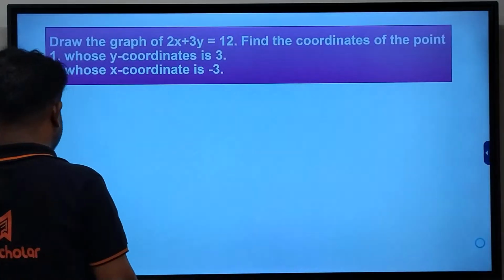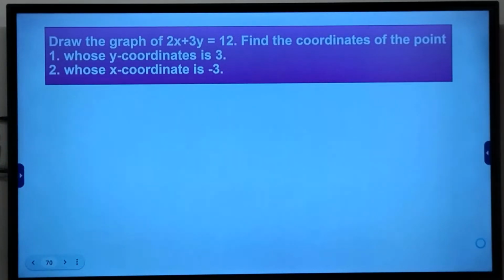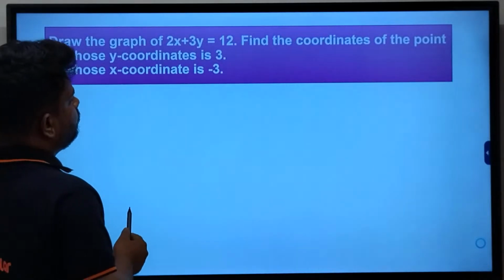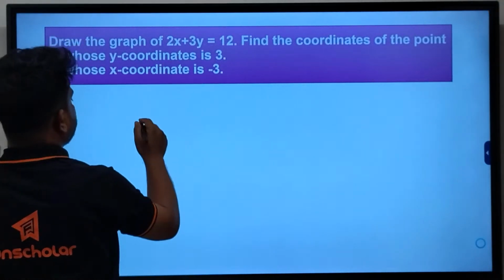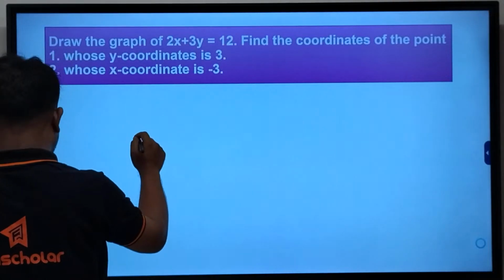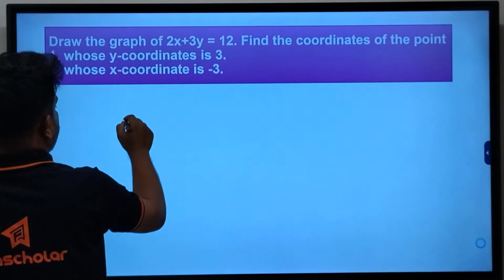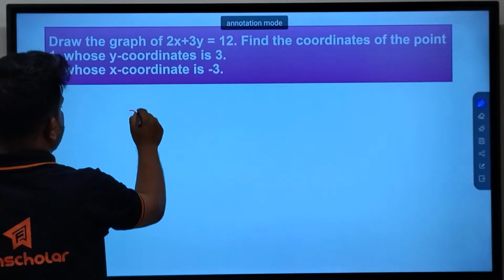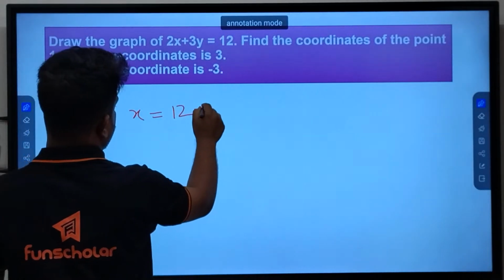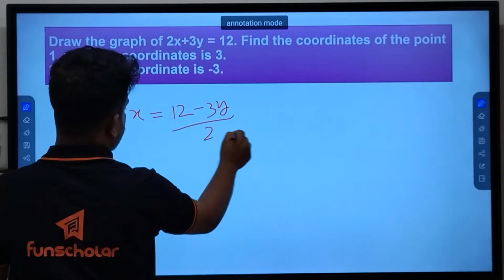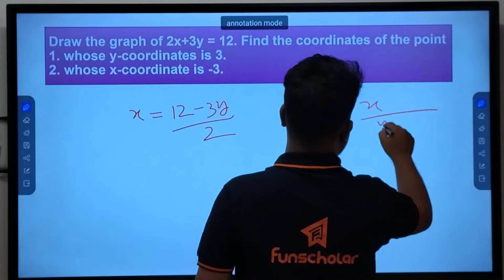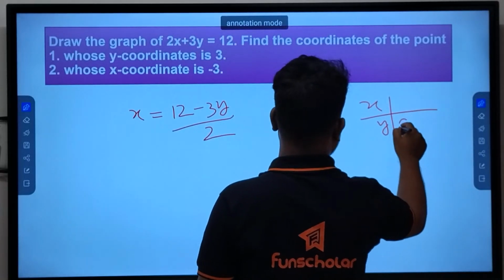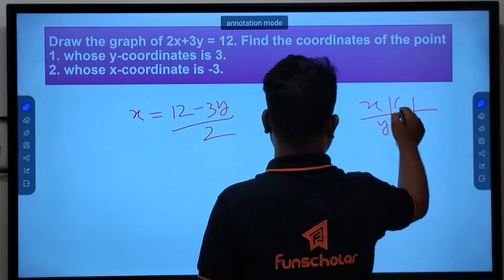So let's go further. Draw the graph of 2x plus 3y equals 12. Find the coordinates of the point whose y coordinate is 3 and whose x coordinate is minus 3. So for 2x plus 3y equals 12, the equation will look like x equals (12 minus 3y) by 2, and then the values of x and y will be: if I put 0, it will be 6.